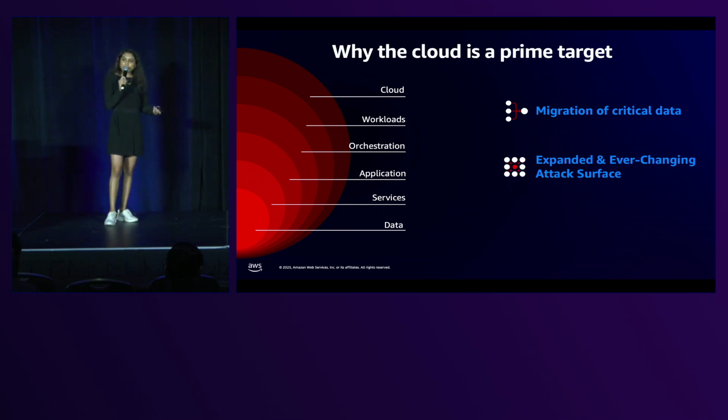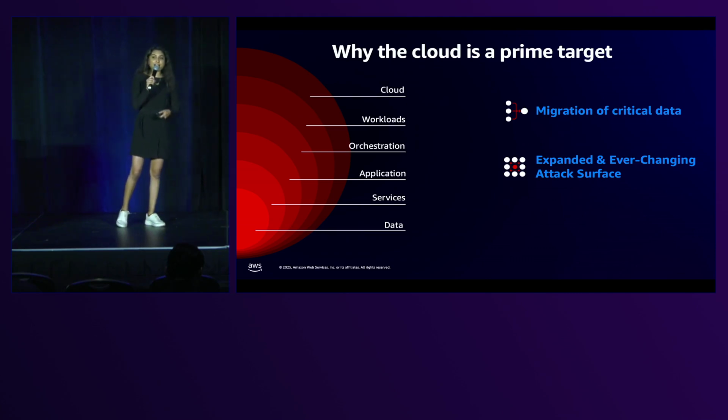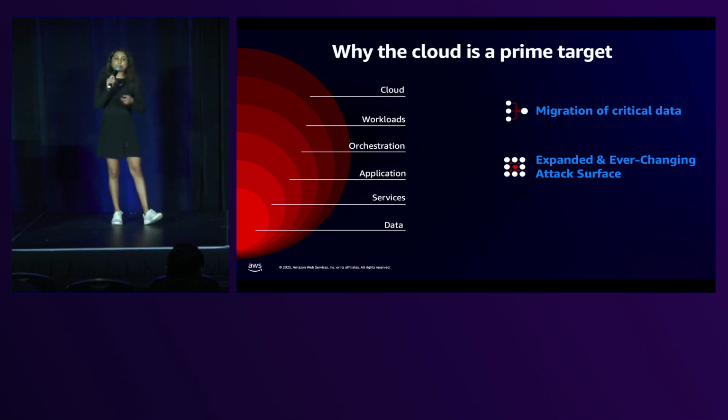On top of that, as we know, cloud spans multiple layers of complexity, right? And each of these layers come with their own unique risks. So now we're looking at this expanded attack surface. And when we consider the high deployment velocity and the ephemeral nature of cloud resources, we not only have an expanded attack surface, but one which is in a constant state of flux.